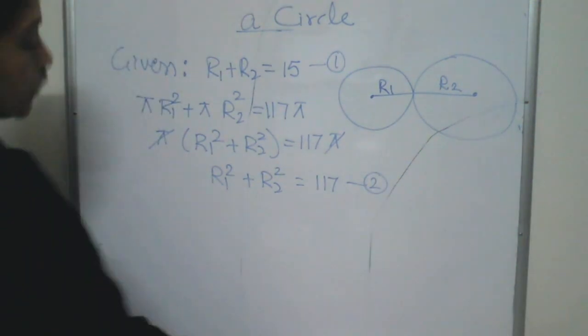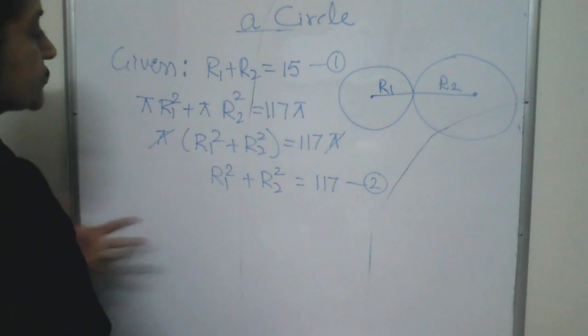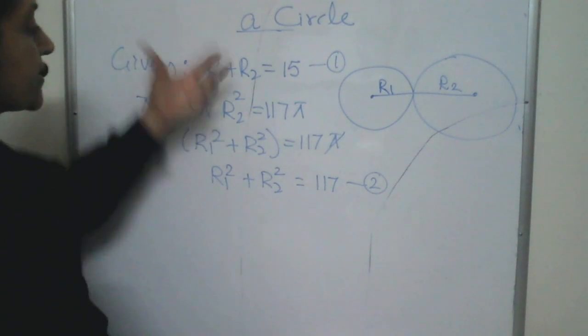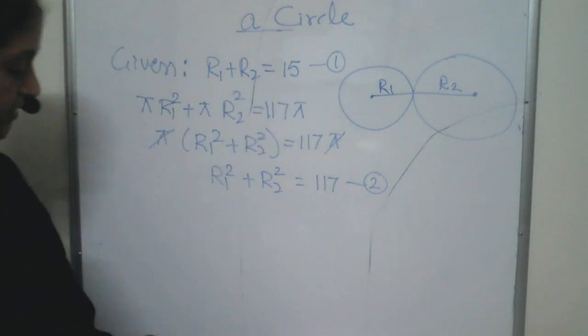Now what we are supposed to do is take the first one and square it. Squaring means a plus b bracket raised to square. We will square the left side and the right side also.